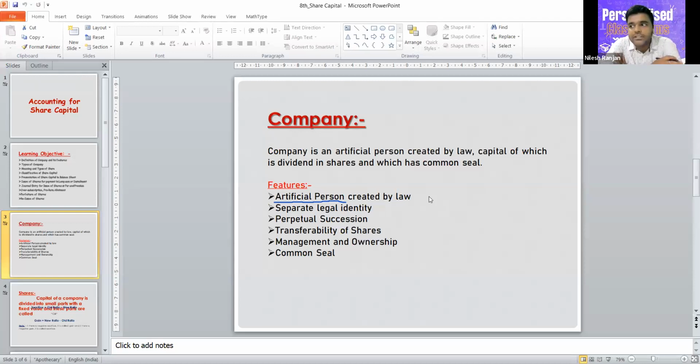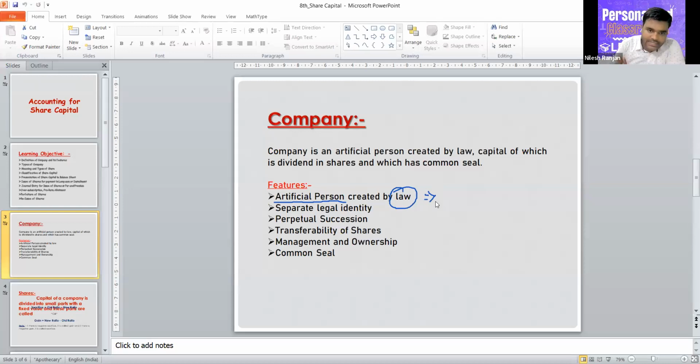That's why in the view of law, it is a person. And it is created by human being. That's why it is artificial. And it is created by law, because company cannot be created without consent of government, without consent of the governing authorities. So that's why it is created by law.